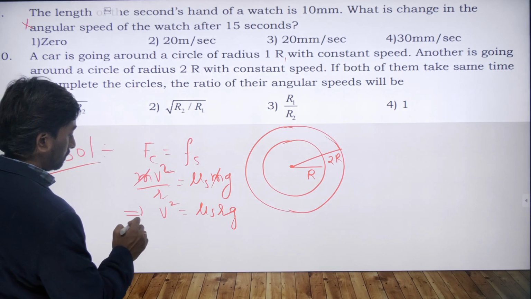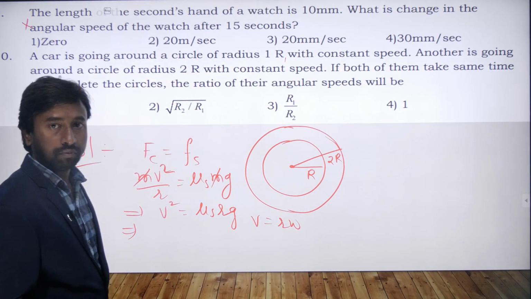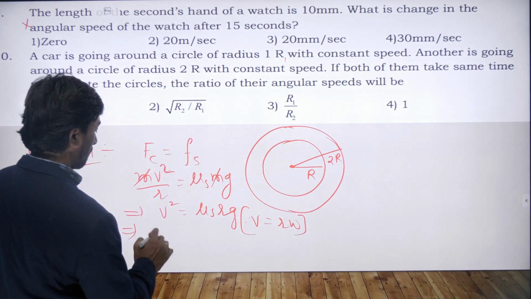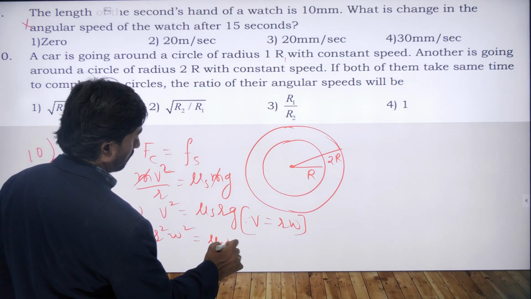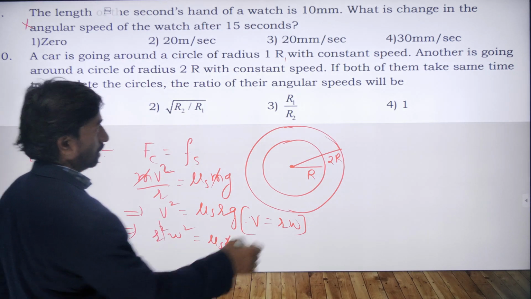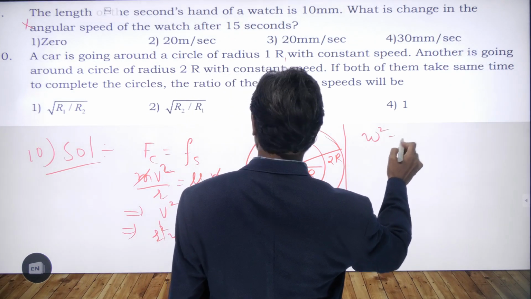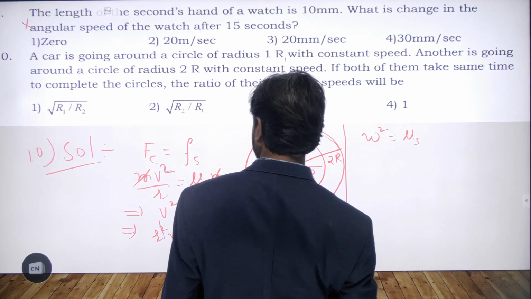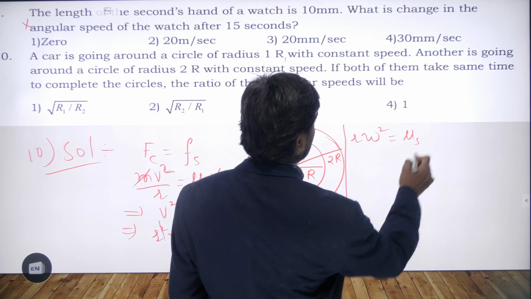We have the relation between linear velocity and angular velocity: v is equal to r omega. If we substitute in this equation, we get r square omega square equals mu s into r into g. Now one r and this r cancel, so we get r omega square equals mu s into g.